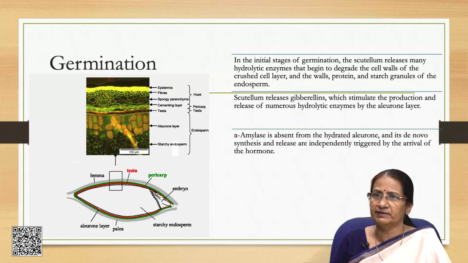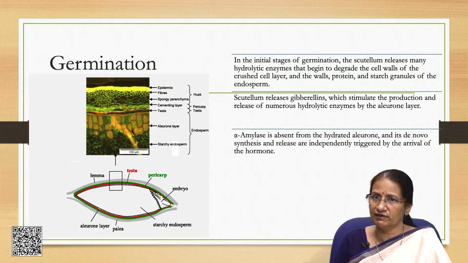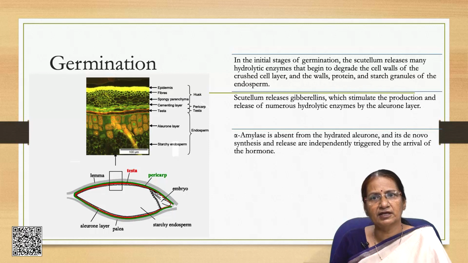The hydrolytic enzymes that catalyze modification are derived mainly from the scutellum and aleurone layer. In the initial stages of germination, the scutellum releases many hydrolytic enzymes that begin to degrade the cell walls of the crushed cell layer and the walls, proteins and starch granules of the endosperm. In addition to enzymes, the scutellum releases gibberellins, which stimulate the production and release of numerous hydrolytic enzymes by the aleurone layer.